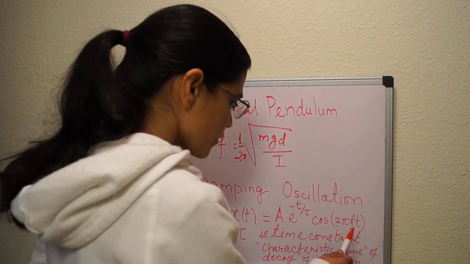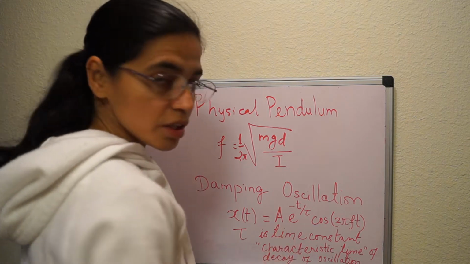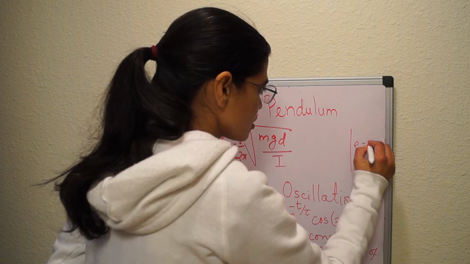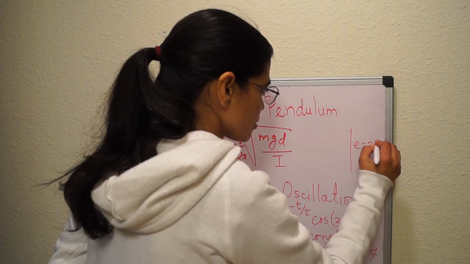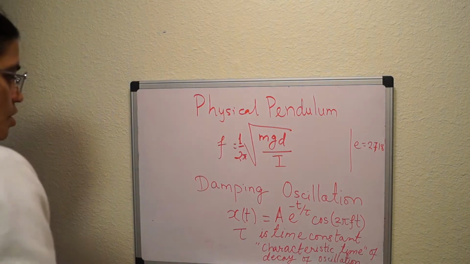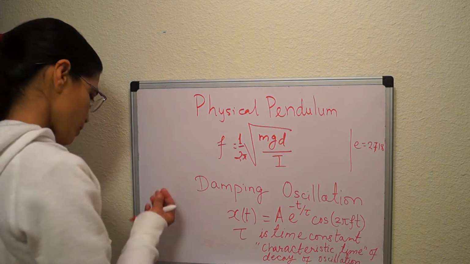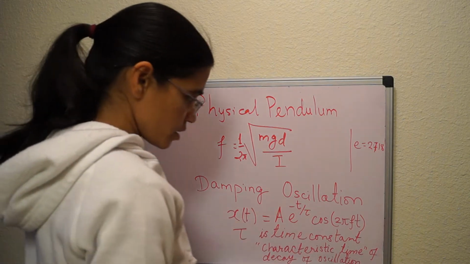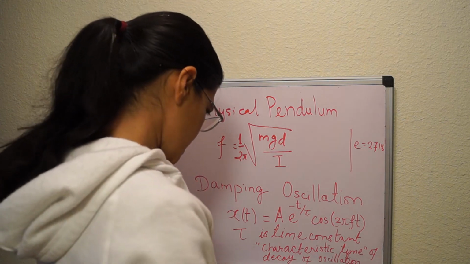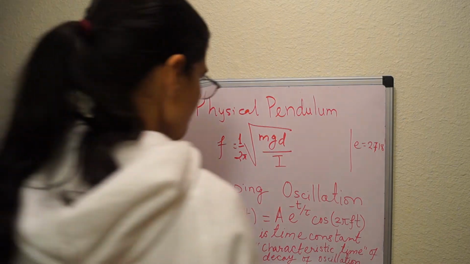And then f is the frequency here, and e is the exponential, where e has the value 2.718, that's a constant, right? So this is the equation that can be used to model the position versus time motion of the damped oscillation. What else? And then we looked at some of the examples, right?